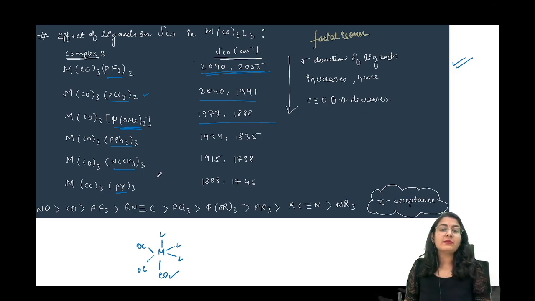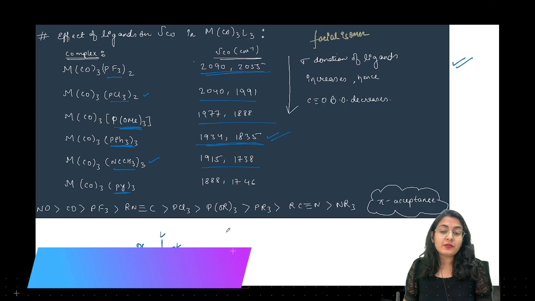Which is the best sigma donor? Among the phosphines, PPh3 is the best sigma donor. That's why it has the lowest carbonyl stretching frequency, because it is giving to the metal, which gives to the carbonyl. Then we move ahead to acetonitrile, an even better donor because it is mostly donating and accepting very little.